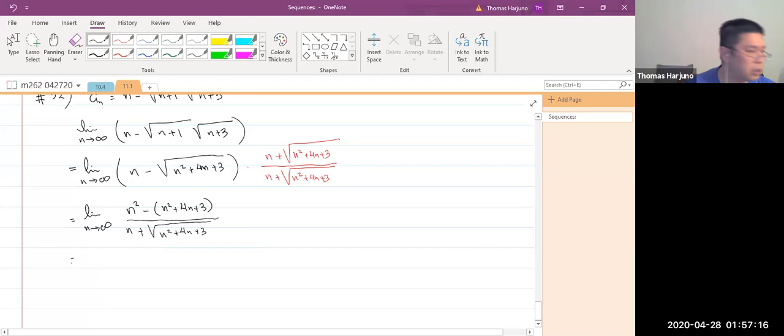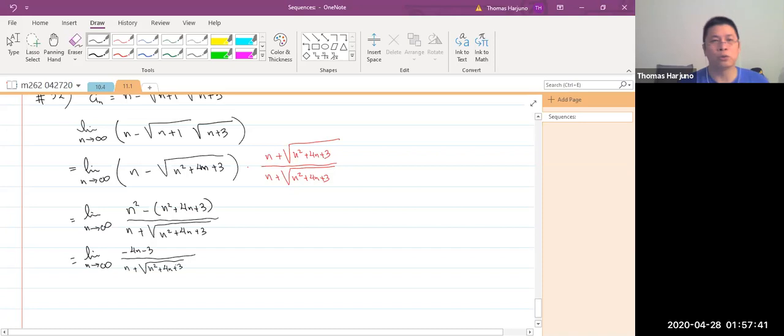That is equal to the limit of -4n minus 3 on the top, and at the bottom I have n plus the square root of n squared plus 4n plus 3.